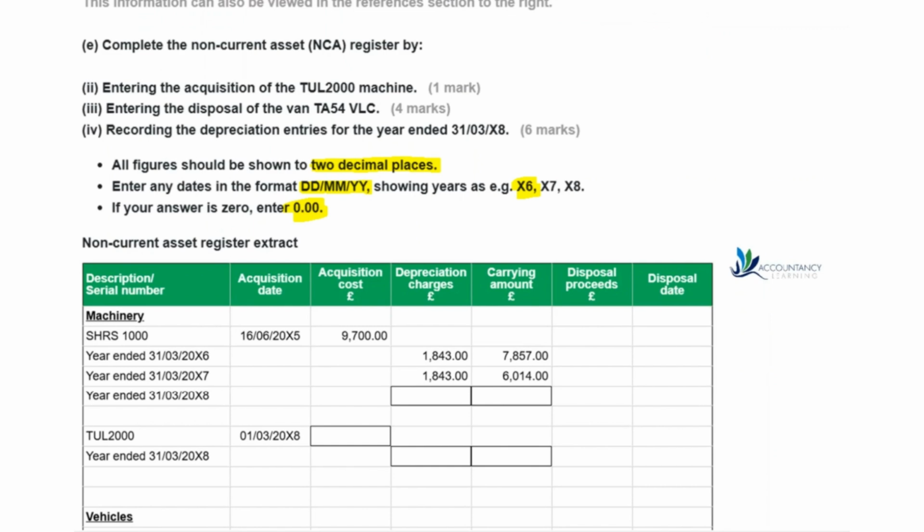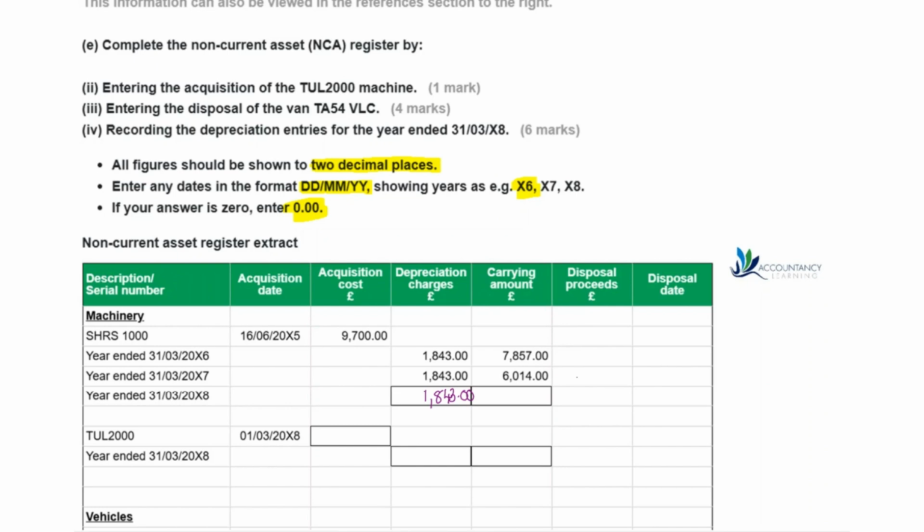So first of all, we can just work through the boxes as they appear really. So the machinery, we've got year-end depreciation to put through for the first machine, the SHRS 1000. Now we know the machinery is on a straight line basis, and so because it's already been depreciated, we know what the depreciation will be because it will be the same each year until the end of its useful life.